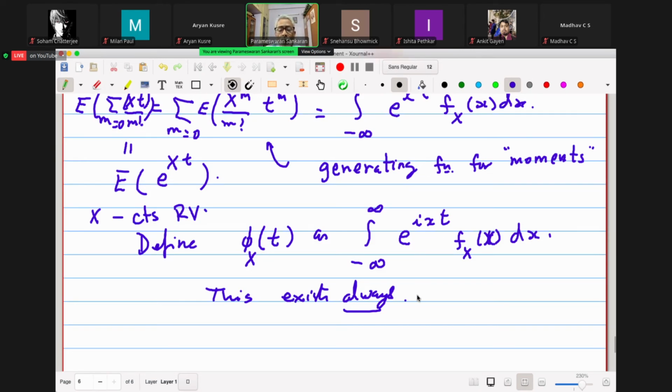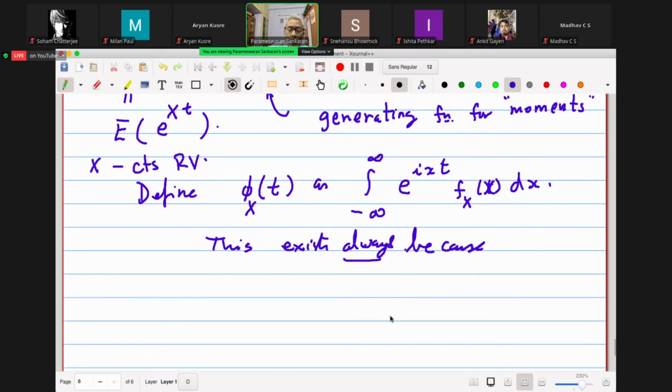The most obvious thing is that this is a density function, so it takes only non-negative values. When I take the absolute value, because it is an integral, you write the summation here, from minus infinity to infinity.